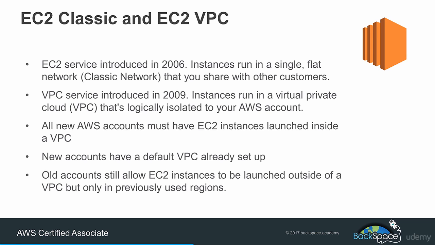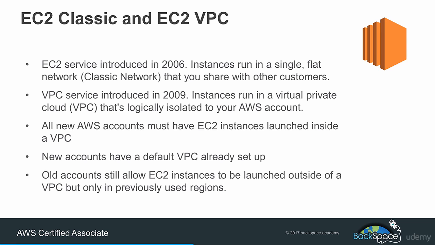All new AWS accounts must have EC2 instances launched inside a VPC, and new accounts already have a default VPC set up. Old accounts don't have that default VPC set up, and they may still allow EC2 instances to be launched outside of a VPC, and I say may because not always.